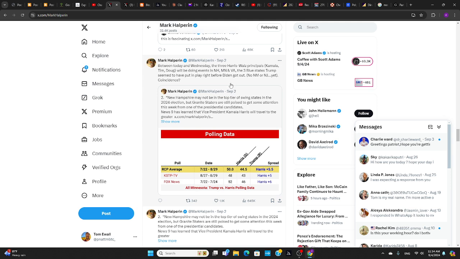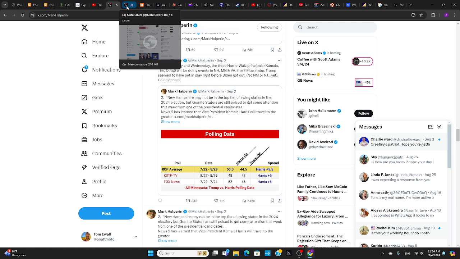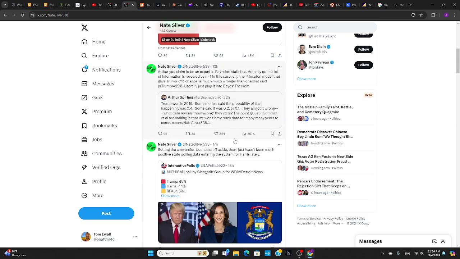Okay, now the last thing I want to mention here is if you go to Twitter, what I would suggest is Nate Silver is someone that you could follow, and he's going to give you a perspective from the left. He's a well known person in this field that gives lots of commentary about what's happening in the election.